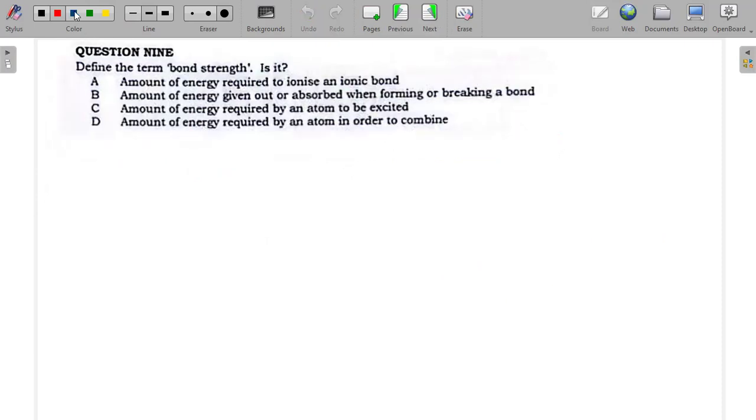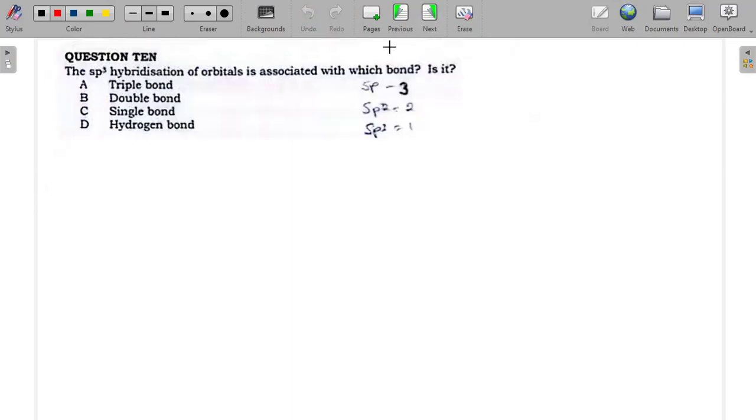And then question number 9, the term bond strength is defined as, okay, so the bond strength is just the amount of energy given out or absorbed when forming or breaking bonds. That's what you call the bond strength. Question 10, the sp3 hybridization of orbitals is associated with which bonds?